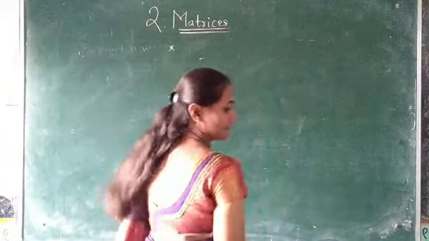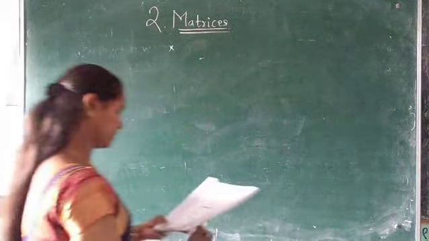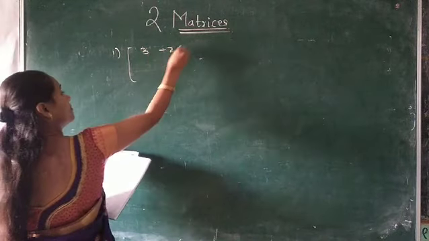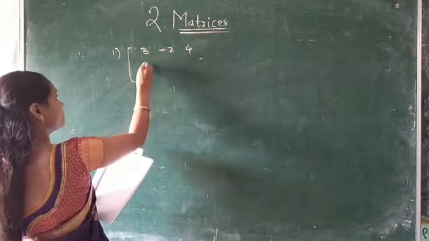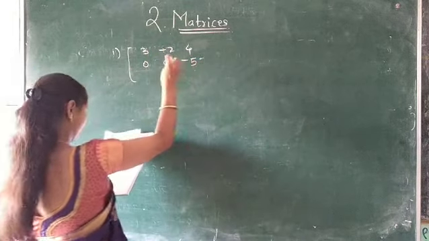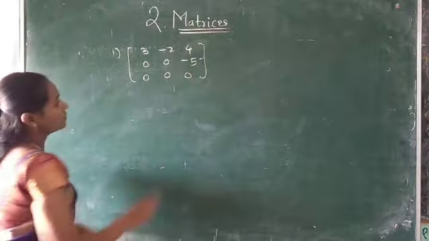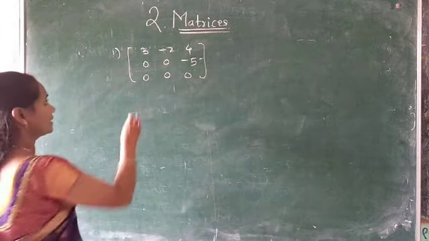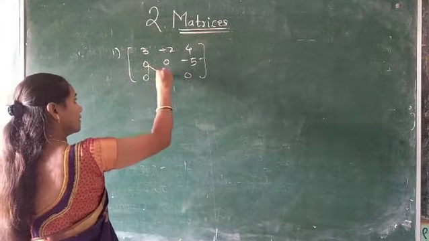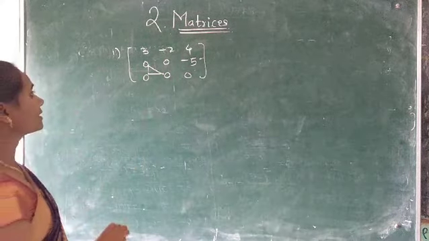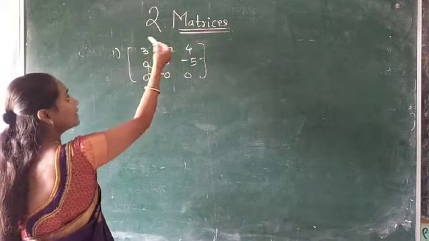So the first matrix is 3, minus 2, 4, then 0, 0, minus 5, and 0, 0, 0. So look at this matrix. Here the lower triangle is 0.